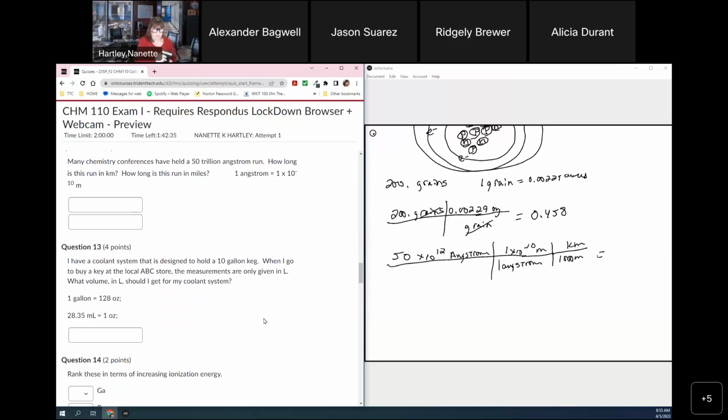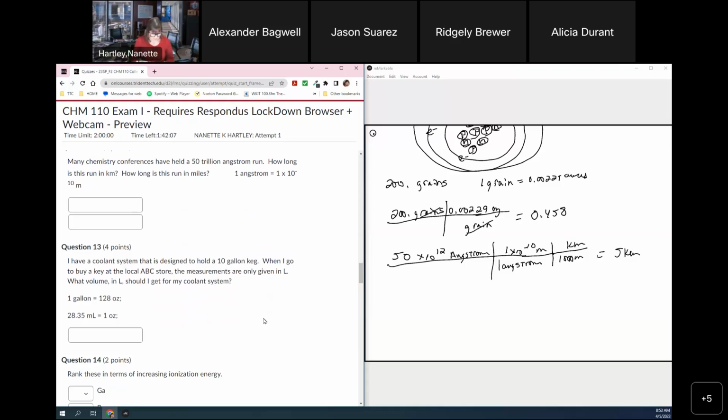I'm pretty sure that if I do that, 50 times 10 to the 12th times 1 times 10 to the minus 10, divided by 1,000, that should be 5. So that's 5 kilometers. Hey, that was exciting. Now, if it's 5 kilometers, I can set that calculation up again and then use one of the conversion factors from my exam handout.